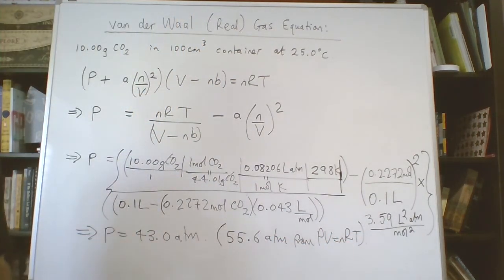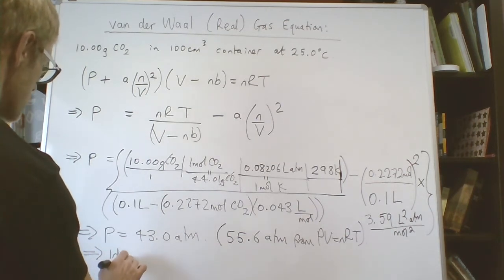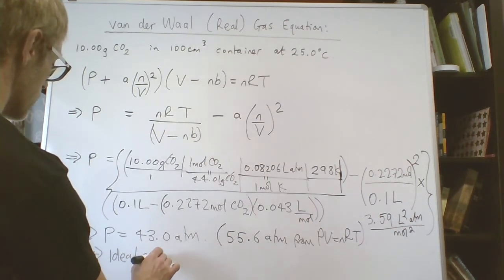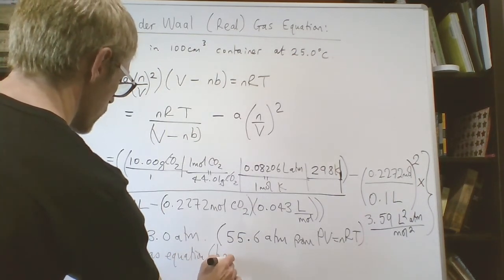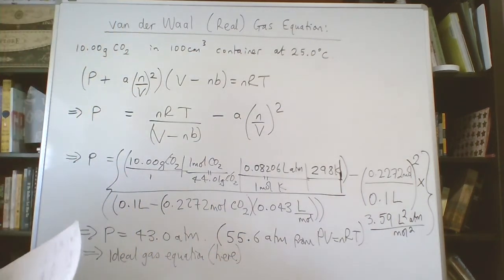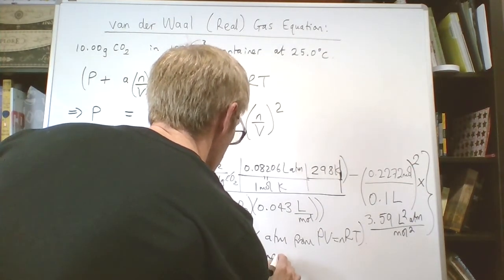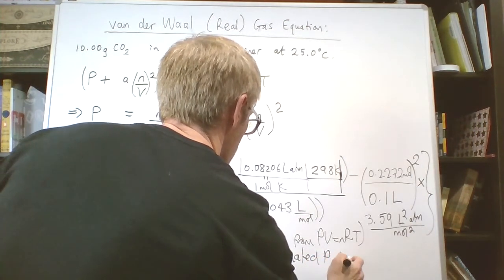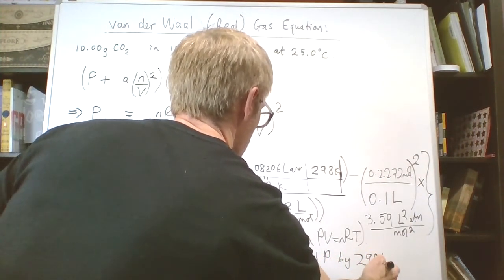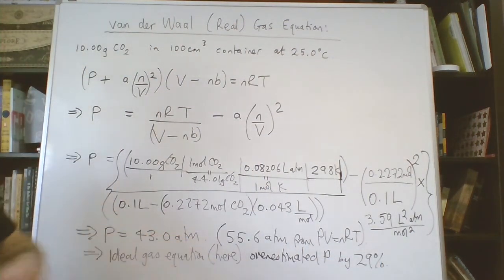So we get a dramatically different value, the correct value in this case, and we've learned that the ideal equation, when we used it incorrectly, overestimated pressure by 29%. It won't always be 29%, it was 29% here.